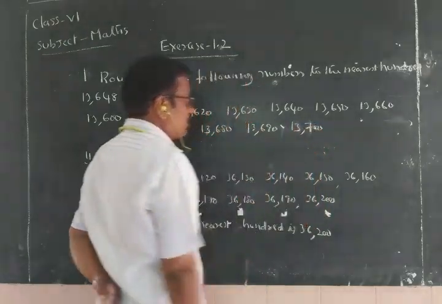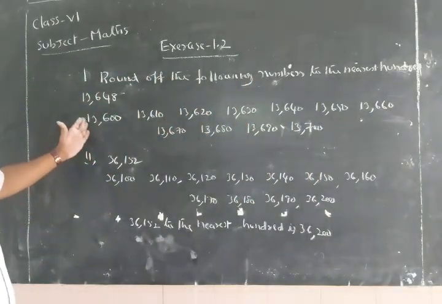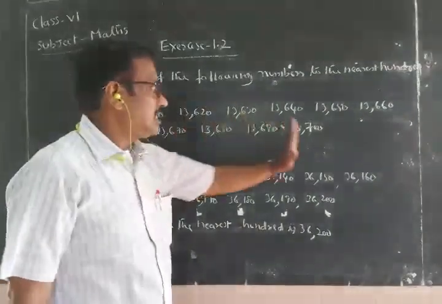These are all numbers written from 13,600 to 13,700.